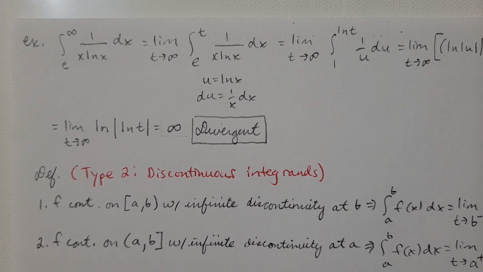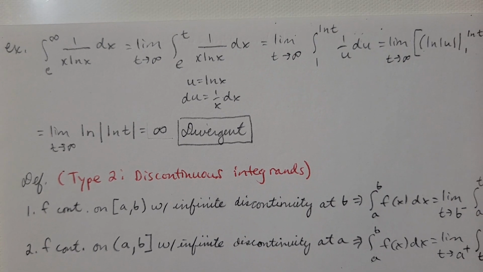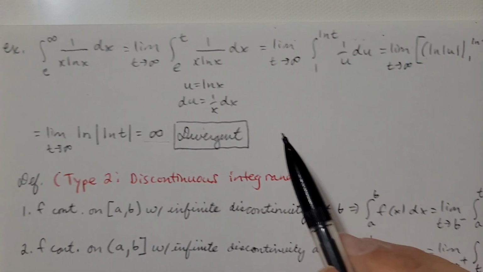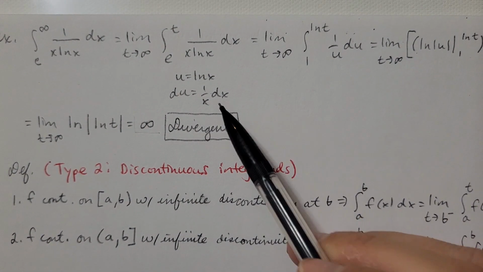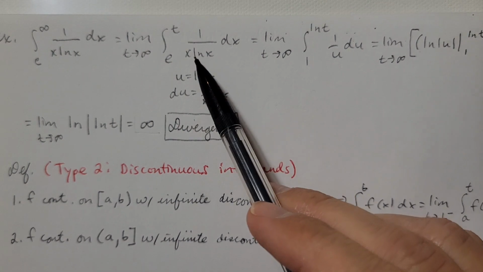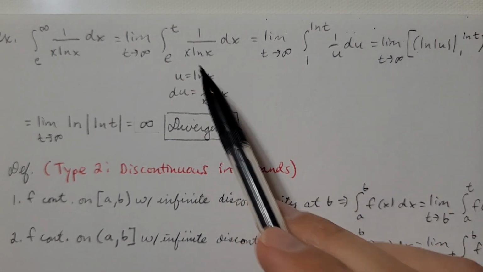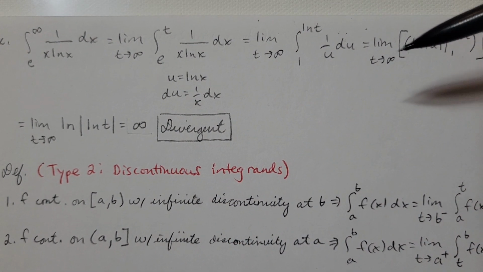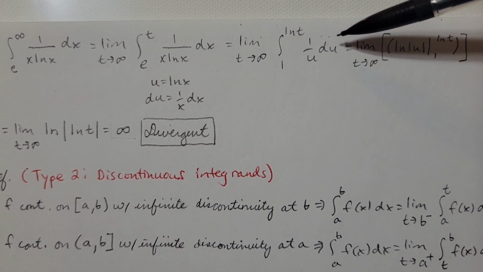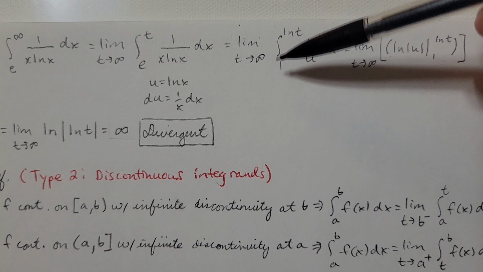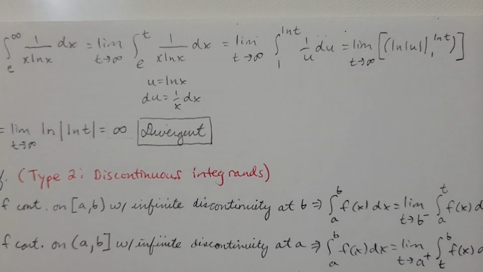And you can use the u substitution on this. If I let u be the ln of x, du is 1 over x dx. I've got a 1 over x dx inside the integral, so I'm going to be integrating 1 over u du. Now again, everything about my integral has to be in terms of the new variable, u.